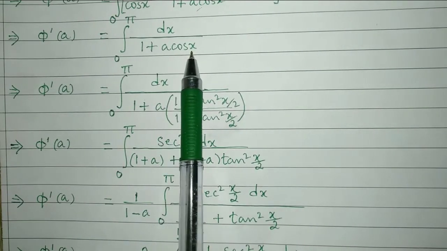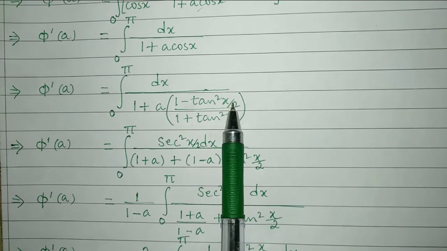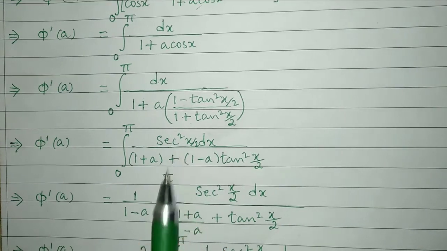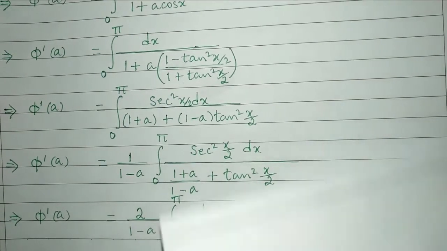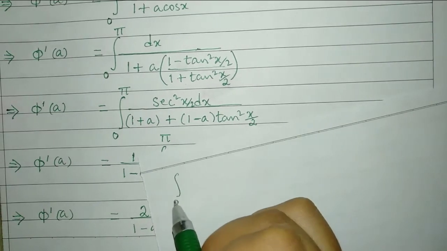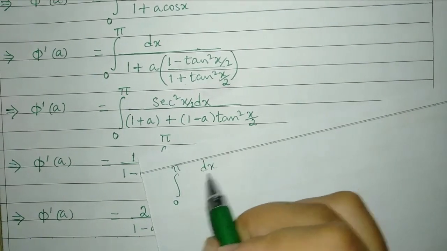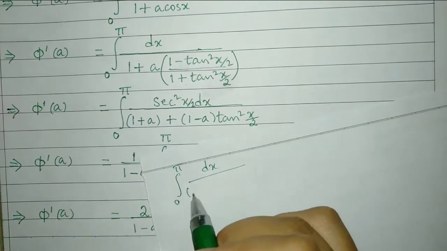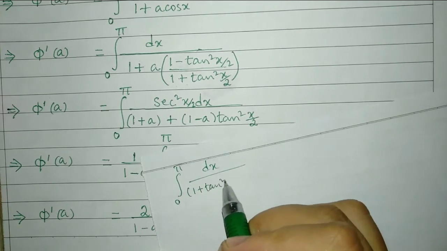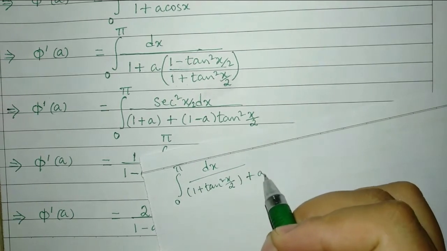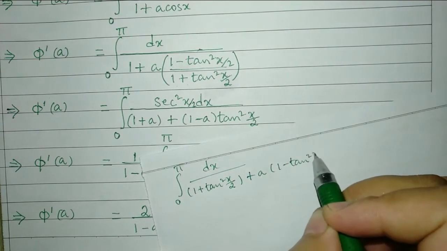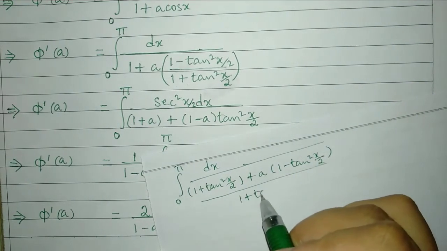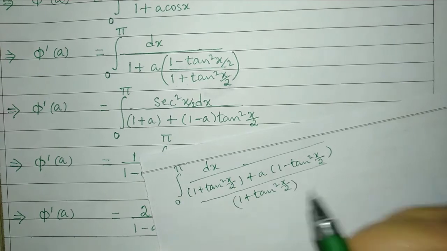We know that cos x is (1 minus tan square x/2) by (1 plus tan square x/2). Next we take the LCM. When we take the LCM we have the integral from 0 to pi of dx, with (1 + tan square x/2) into 1, plus a into (1 minus tan square x/2), divided by (1 + tan square x/2).